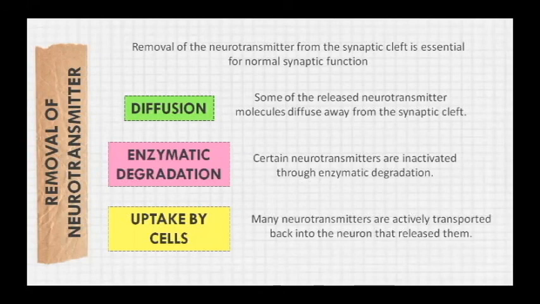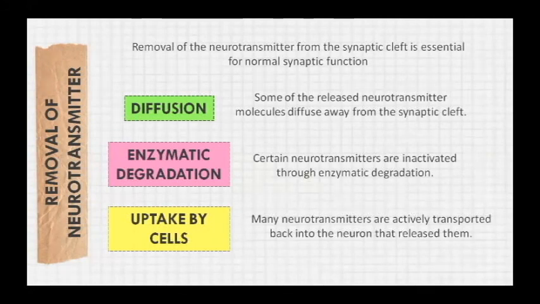The removal of the neurotransmitter from the synaptic cleft is essential for normal synaptic function. So there are three forms of removing neurotransmitter. First is the diffusion, the enzymatic degradation, and the uptake by cells. Diffusion is where some of the released neurotransmitter molecules diffuse away from the synaptic cleft.